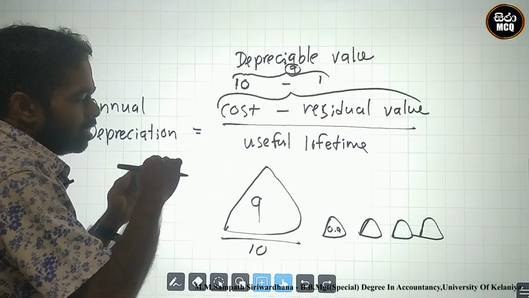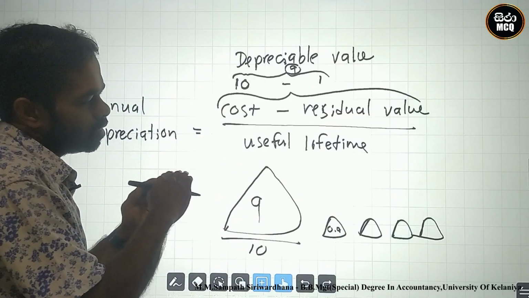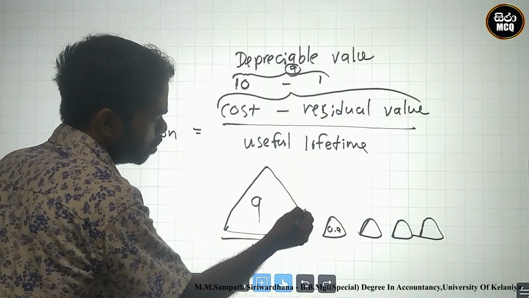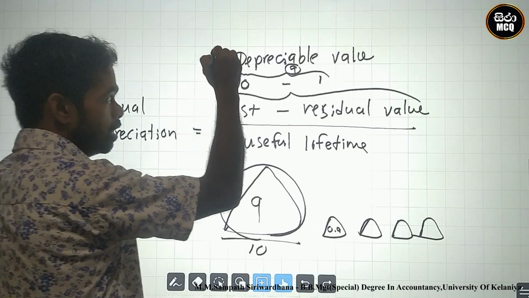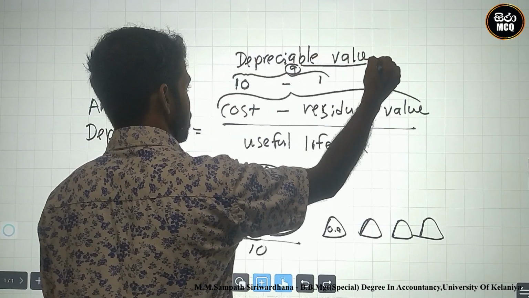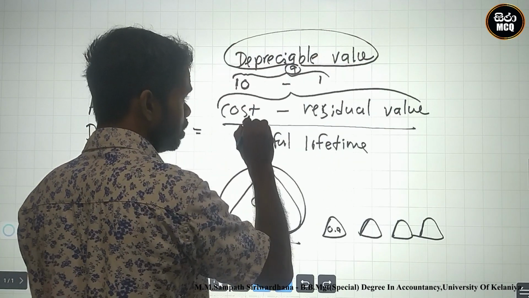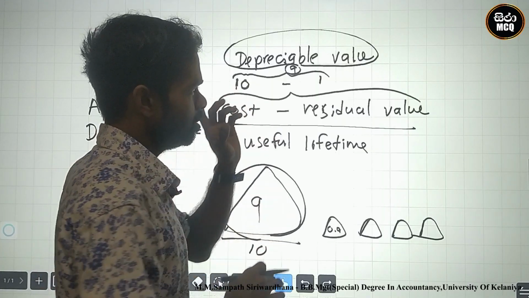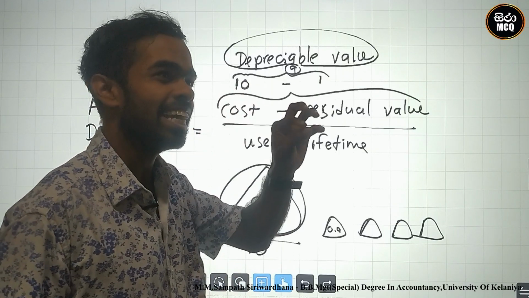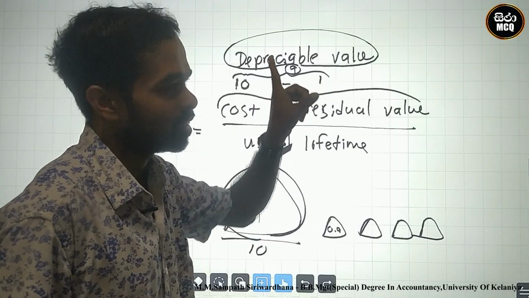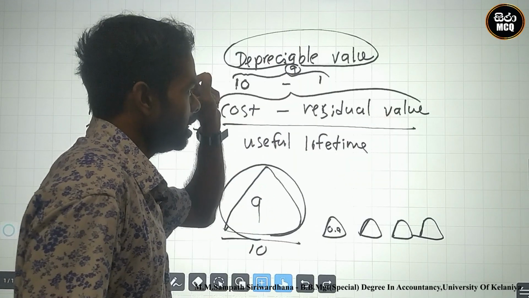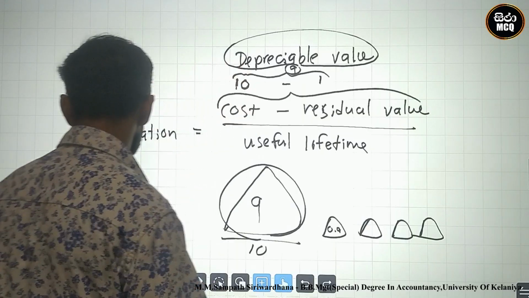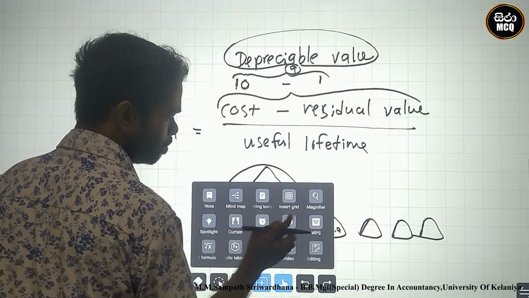What is the amount of systematic allocation? The 9 million is the total cost, but we cannot divide the cost itself. Why? Because we can earn something from the residual value. This is the income, this is the cost, and the net effect is the depreciable value.